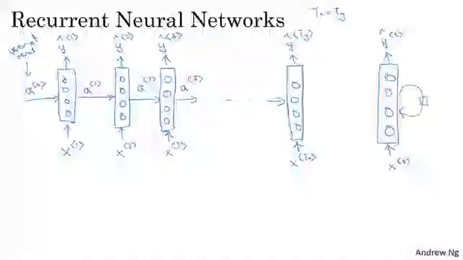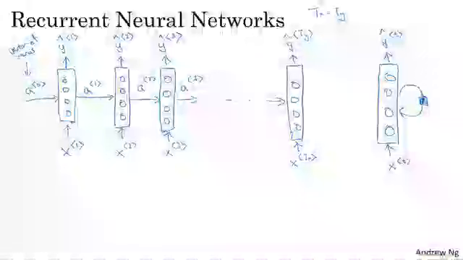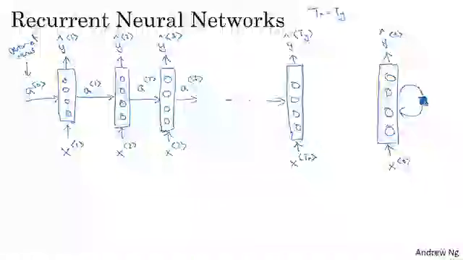Or sometimes they'll draw a shaded box to denote a time delay of 1 step. I personally find these recurrent diagrams much harder to interpret, and so throughout this course I'll tend to draw the unrolled diagram like the one you have on the left. But if you see something like the diagram on the right in a textbook or in a research paper, the way I tend to think about it is to mentally unroll it into the diagram you have on the left instead.